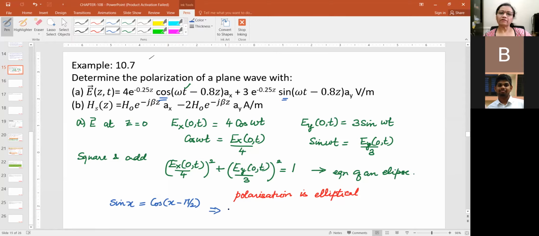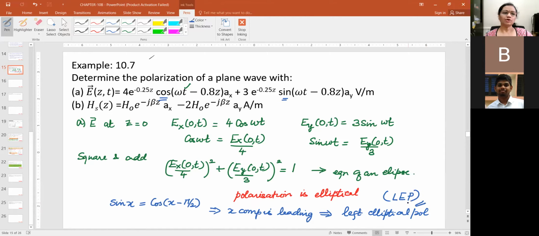Or you can see that the x component is leading. Therefore I will conclude that this is left elliptical polarization, or I will write it as LEP.